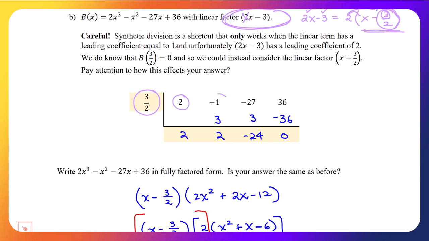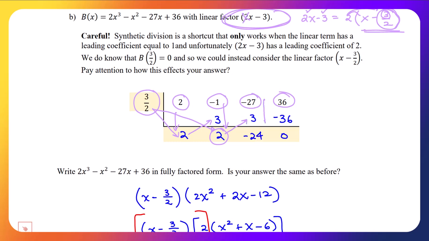And here are the coefficients. And I'll bring down, then I'll multiply. 3 over 2 times 2, the 2's are gone, leaving us with 3. And I add, and I get 2. 3 times 3 halves times 2 again, the 2's are gone, leaving me with 3.